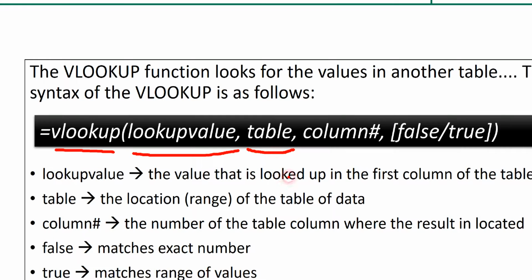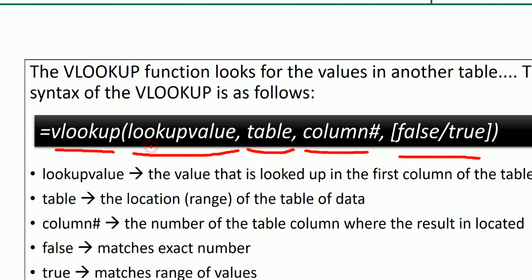Once we specify that, then which column do we want to retrieve? Let's say the lookup value that we are trying to find matches with the value in the table. Once it has matched, then which column number do we actually retrieve? This will specify that column number 1, 2, 3, 4, things like that. And false and true: it would be true if I want an approximate value.